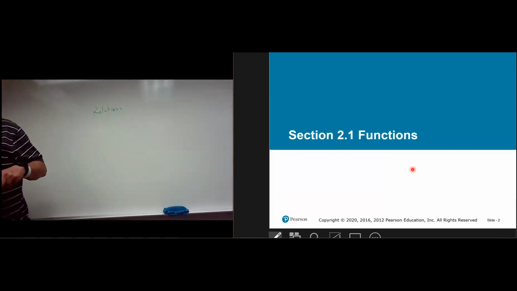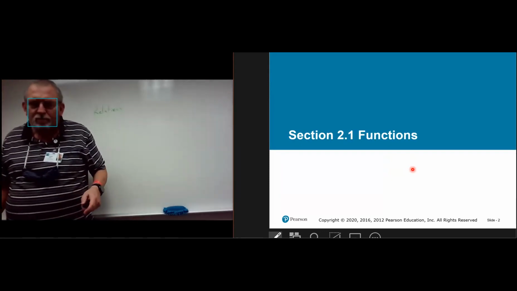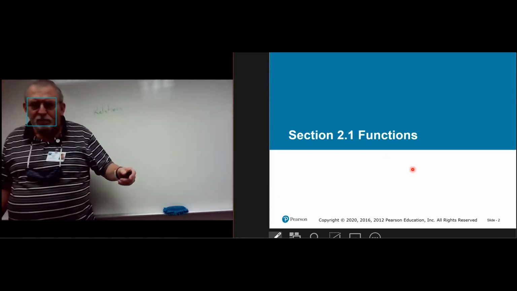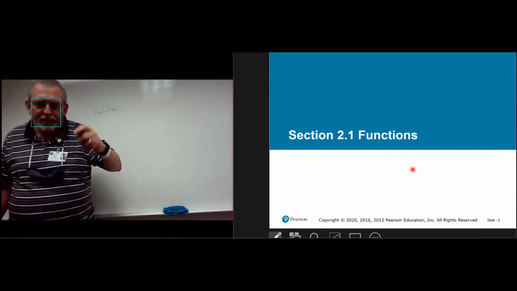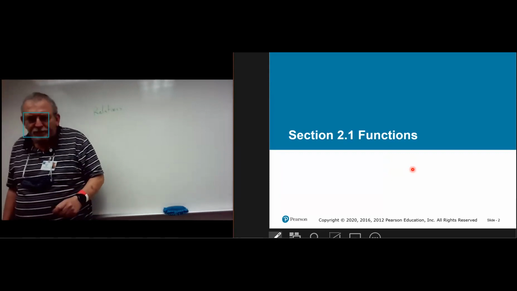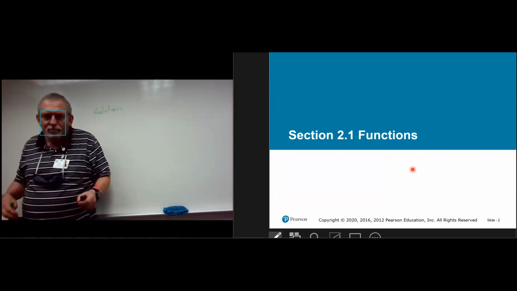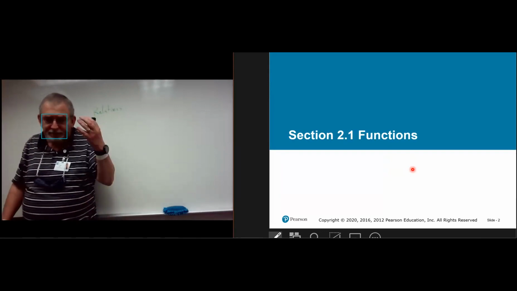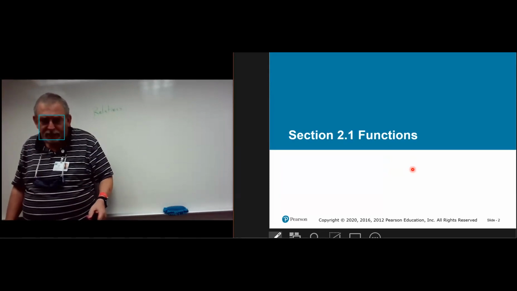Section 2.1 is where we're starting. There are some things from chapter 1 that are in my lab. If you have any issues with any of those concepts, bring them up in class and I'll discuss them in class for everybody. Okay.